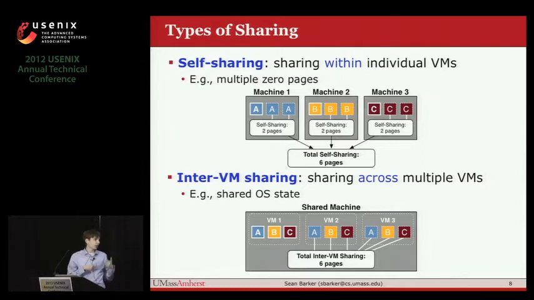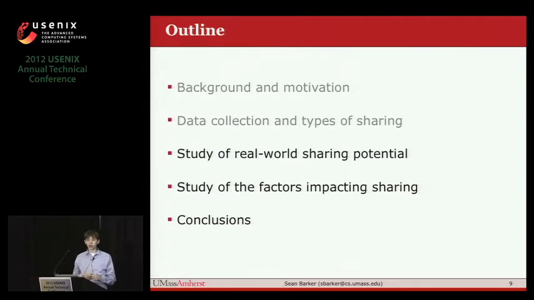And here we're achieving, again, 6 pages of sharing. But in the top, that's all self-sharing. In the bottom, that's all inter-VM sharing. So we are interested in both the amount of self-sharing and the amount of inter-VM sharing that we're seeing. So next, I'll present a study of our real-world memory data.